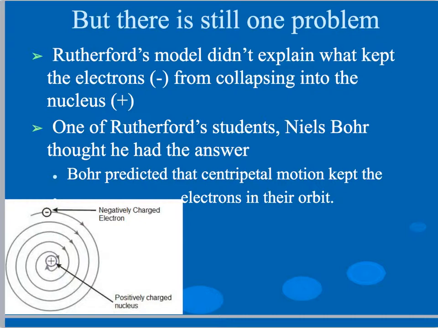So just like that, that must be what's keeping the electrons in their orbit as well. The electrons are going fast enough that they just keep orbiting, and they stay in the orbit because the nucleus is still holding on to them and pulling them.